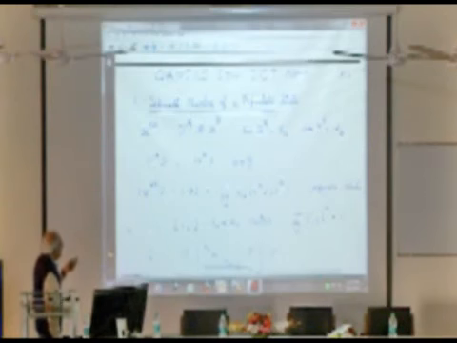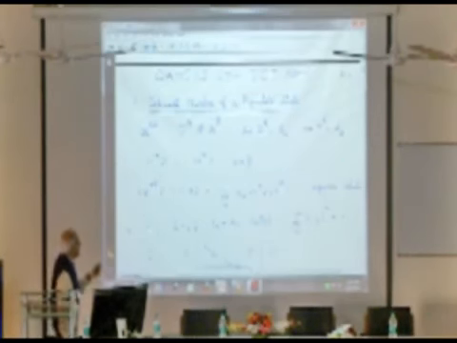Then any joint state, which I denote by C, can be expressed in terms of these bases with some scalar coefficients.